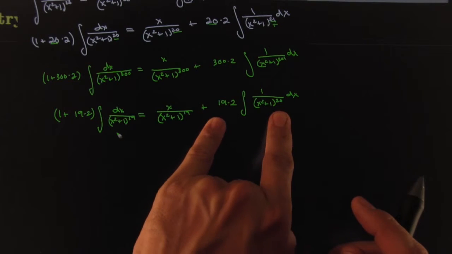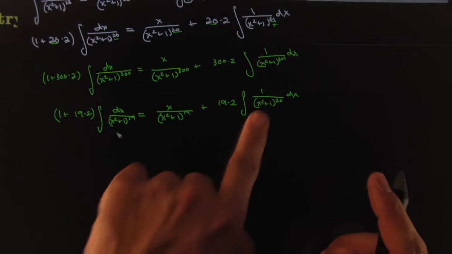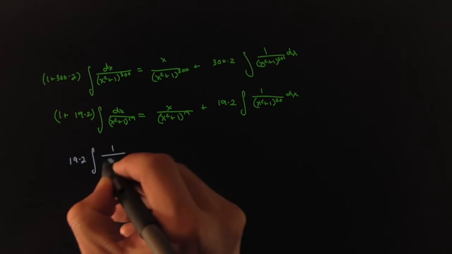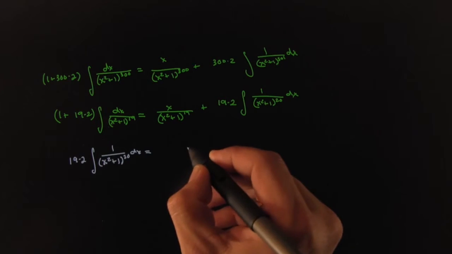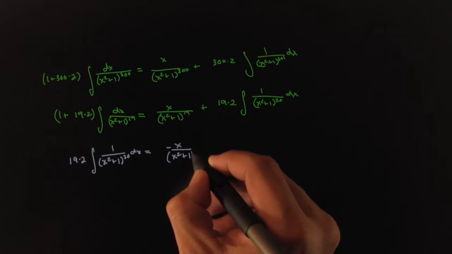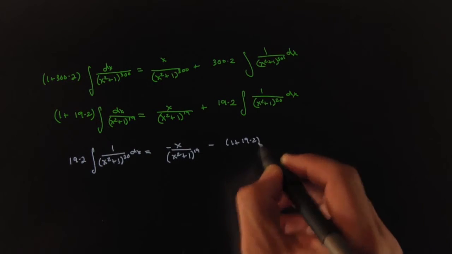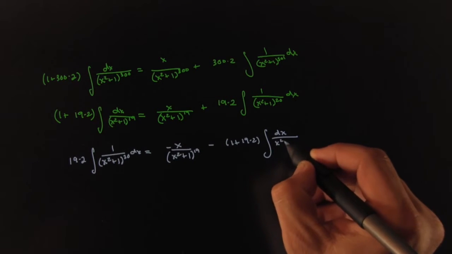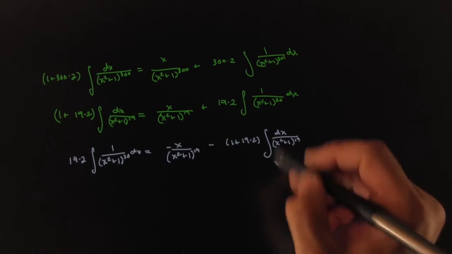So all I've got to do is swing this over to the other side, and I would have solved for that. It would look like 19 times 2 integral of 1 over x squared plus 1 raised to the 20th dx is equal to that minus that, so it'll be negative x over x squared plus 1 raised to the 19th minus 1 plus 19 times 2 integral of dx over x squared plus 1 to the 19th dx.